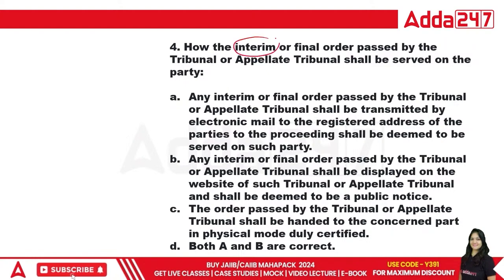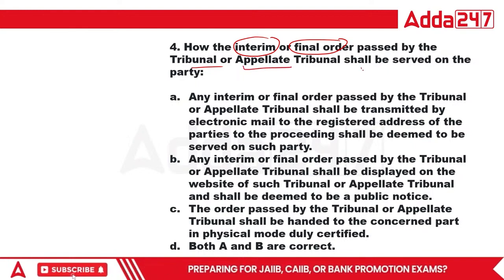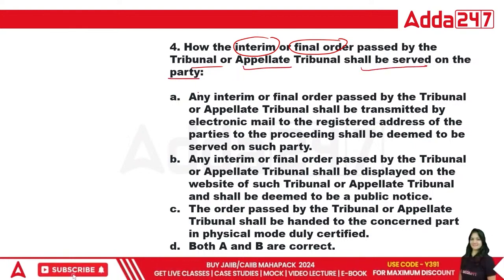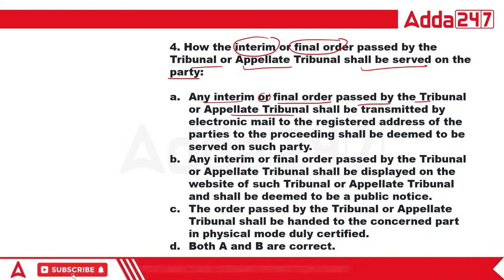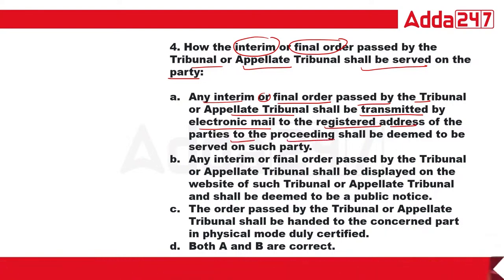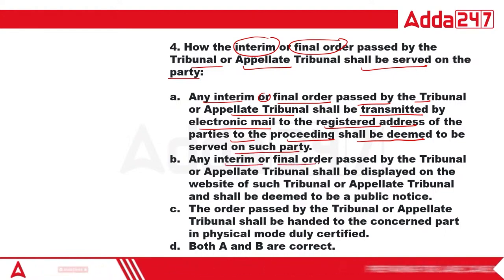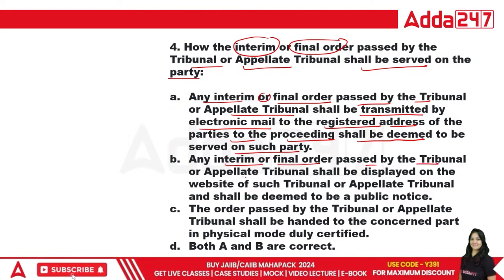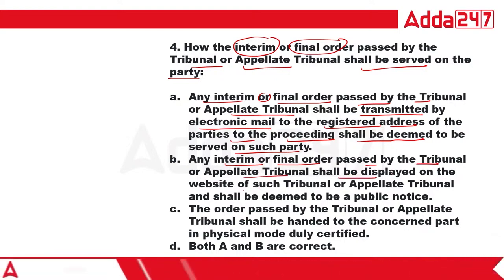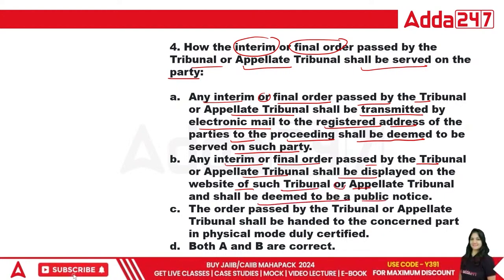How shall the interim or final order passed by tribunal or appellate tribunal be served on the party? Any interim or final order shall be transmitted by electronic mail to the registered address of the parties and shall be deemed to be served on such party. Any interim or final order shall be displayed on the website of the tribunal and shall be deemed to be public notice.